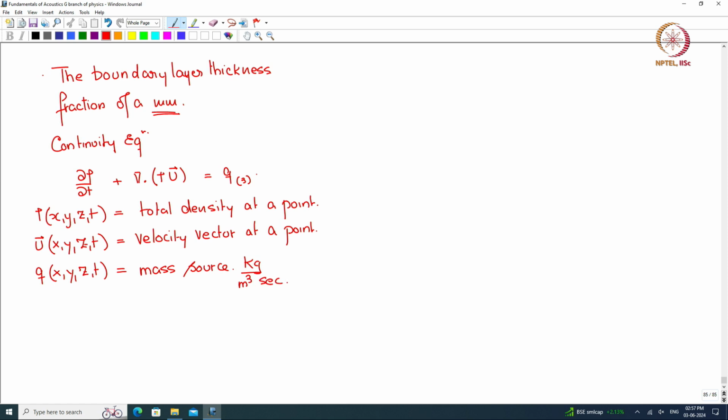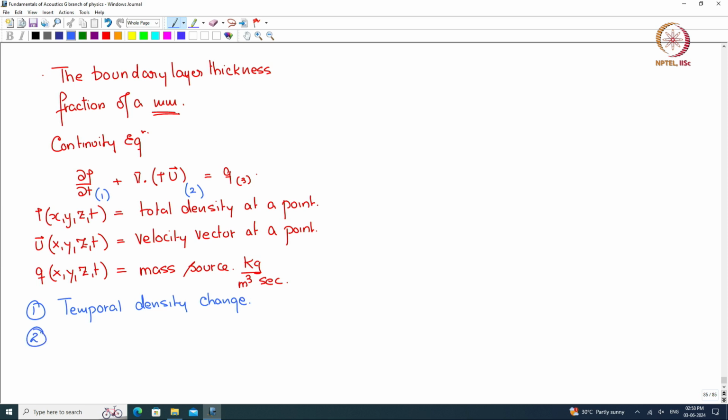Okay. So I'll number this. So let's say numbering, this is 1, this is 2, and that is 3 already. So 1 is the temporal density change, rate of change of density.